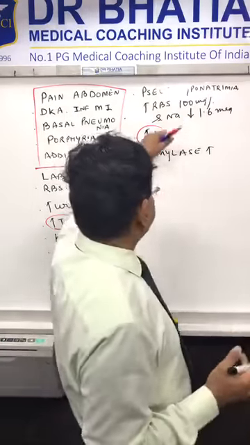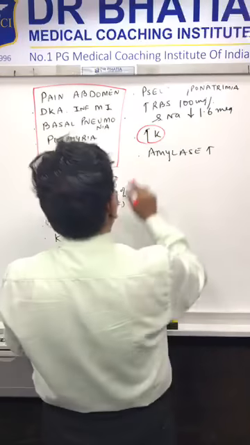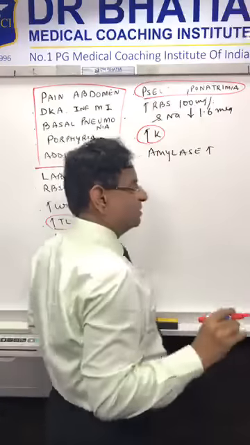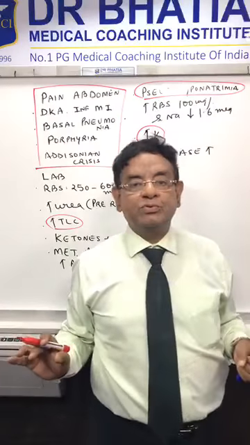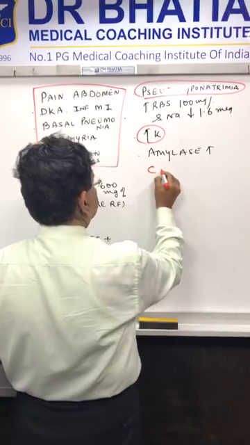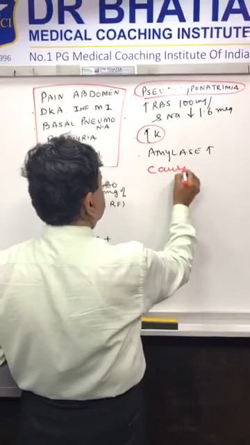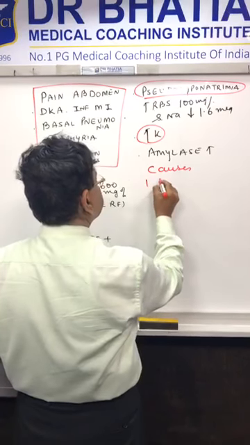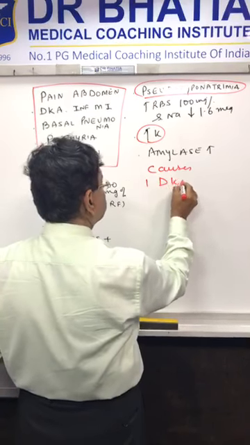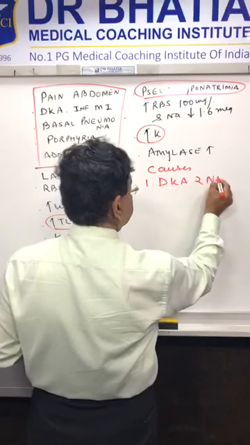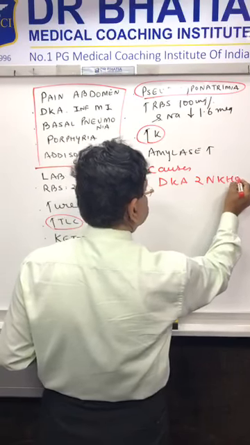Now I would like to talk about pseudohyponatremia. So here we are getting pseudohyponatremia. What are the other causes of pseudohyponatremia? DKA I discussed just now. Second is non-ketotic hyperosmolar coma.